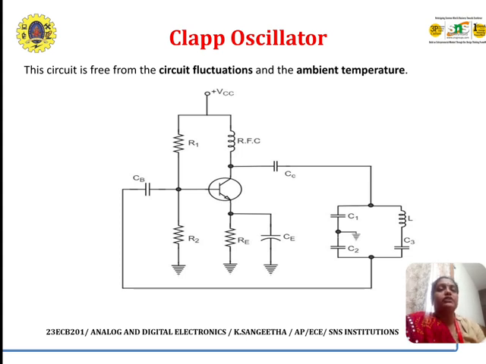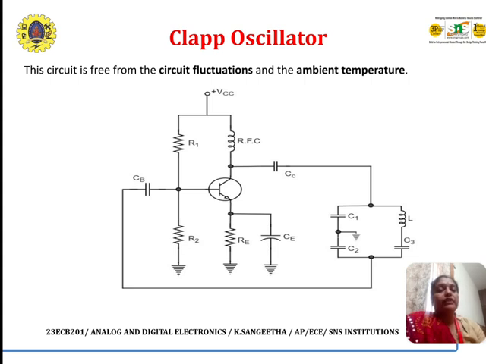The working of the Clapp oscillator is as follows. On switching on the circuit, the feedback circuit components produce oscillations due to thermal agitation. These are given to the base of the transistor through the coupling capacitor, where they are amplified, and the amplifier produces the output.